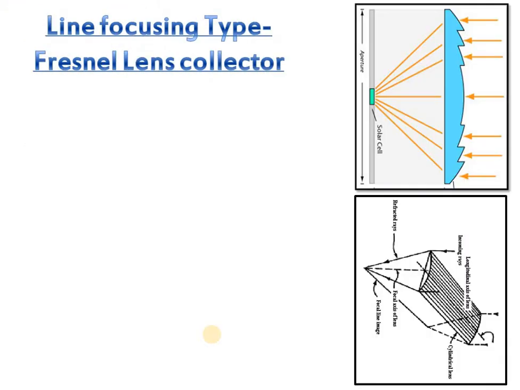And the third category of line focusing type is called Fresnel lens collectors. It is written as Fresnel, but pronounced as Fresnel. Understand? The key difference of this device from the other two is that it is based on lenses.